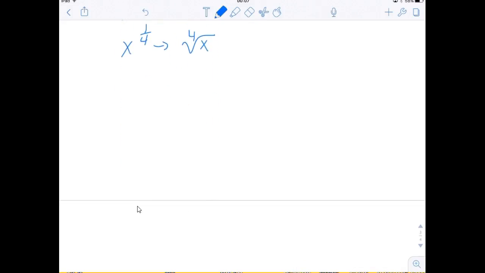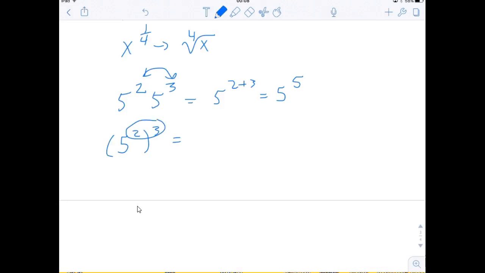One of the rules is that if I have a number to an exponent multiplied times the same base and another exponent, I can add these two exponents together. 5 to the 2 times 5 to the 3 equals 5 to the 5th, right? Another rule tells me if I have 5 squared to the 3rd, then I can multiply these two exponents together. 5 to the 2 times 3 equals 5 to the 6th.